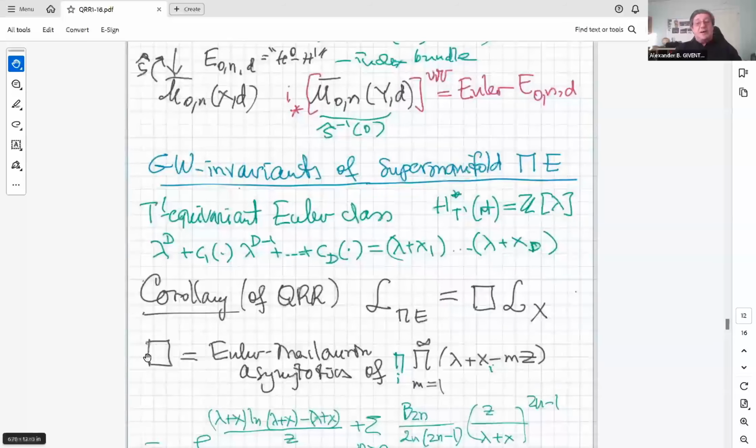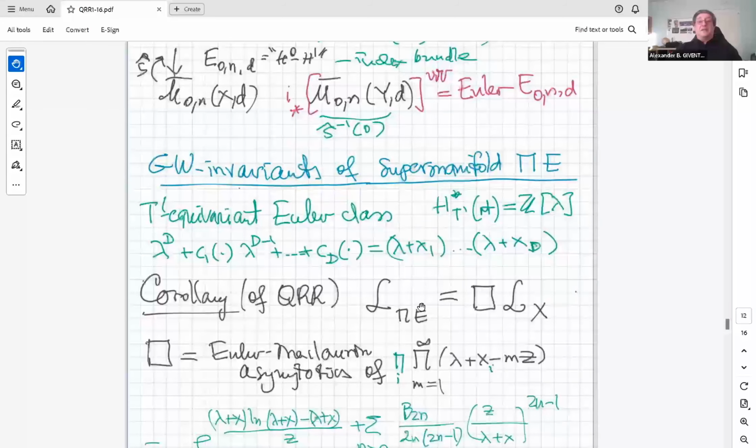And so what is the square? It is Euler-Maclaurin asymptotics of, well, that's what I should write. So if that's my Euler class, then that's that class S. And then that's what that infinite product should look like.